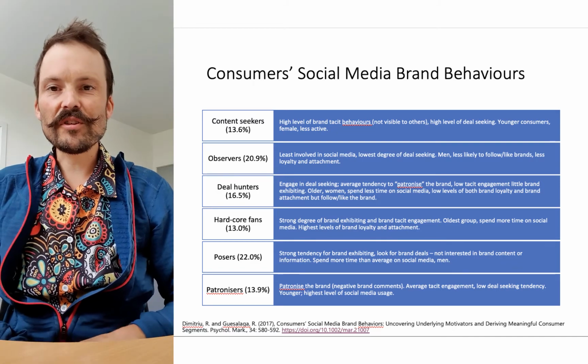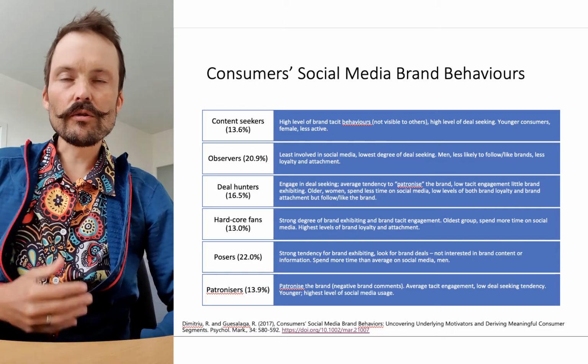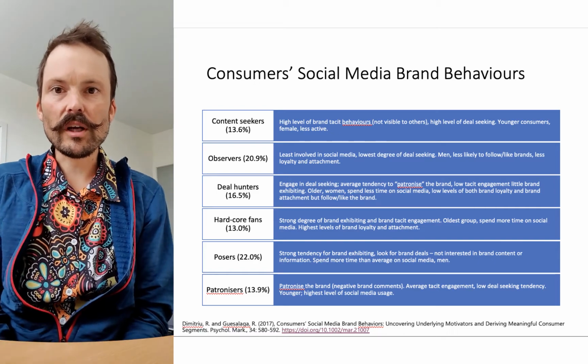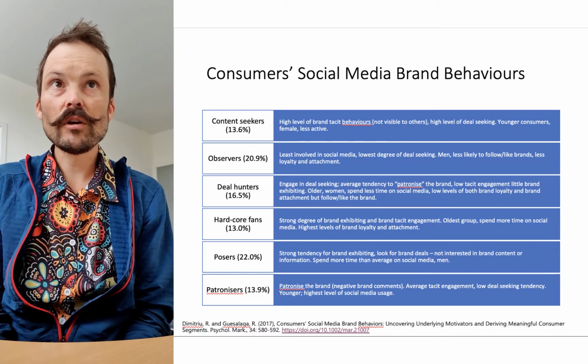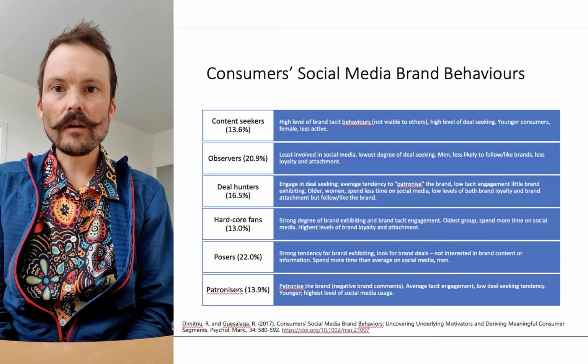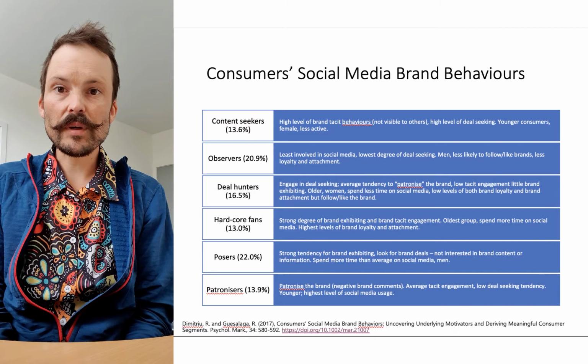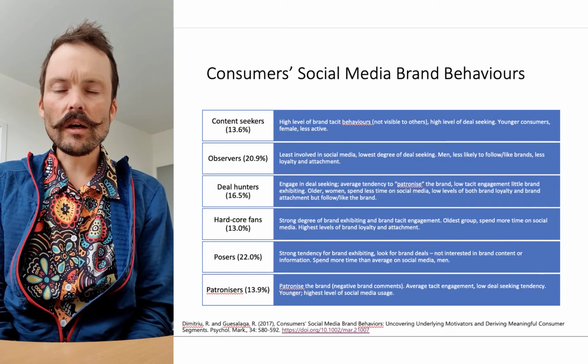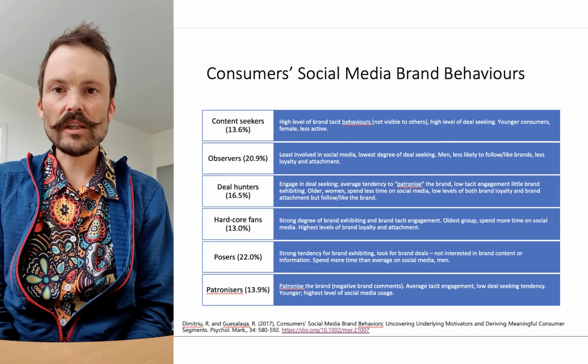Sorry, I have to interrupt myself there. Instead of me going through all these categories, I recommend that you go and have a look at the paper yourself. The paper is very specific in terms of gender and age and usage patterns of social media. And this is data that you can easily find about your own consumers.